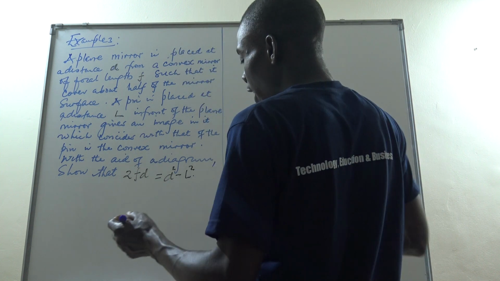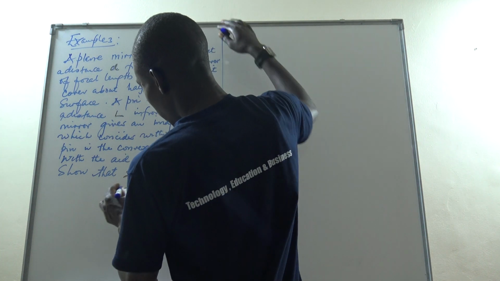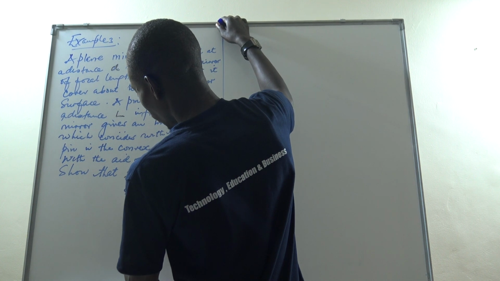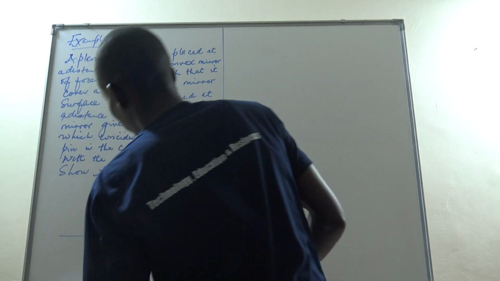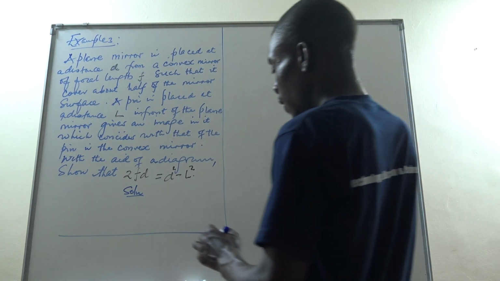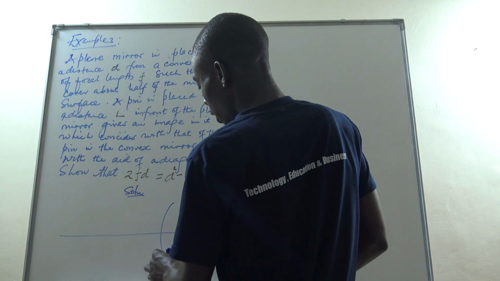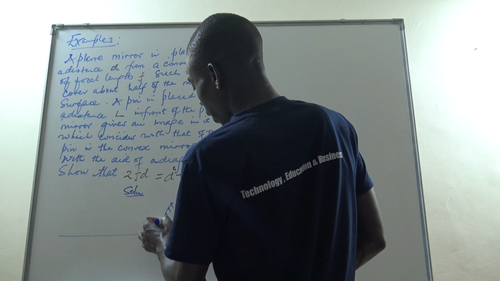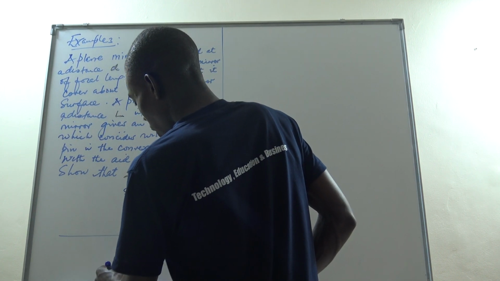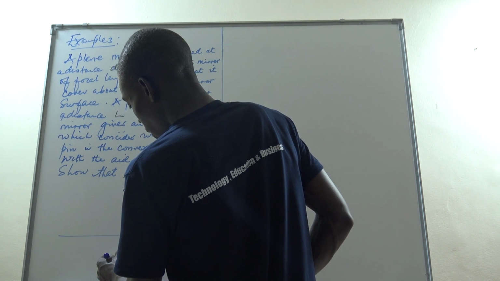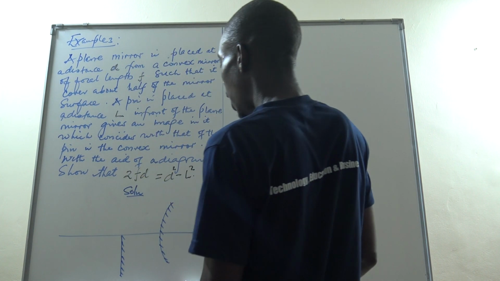So, the saying is to use an illustration. If I'm to use my illustration, I would draw that to act as my principal axis, and then I assume this is my convex mirror, and here this is my plane mirror.